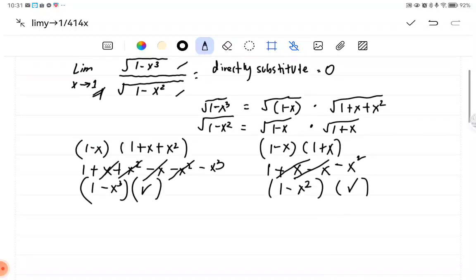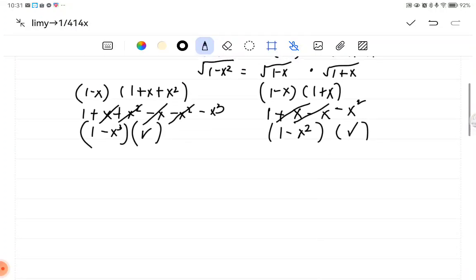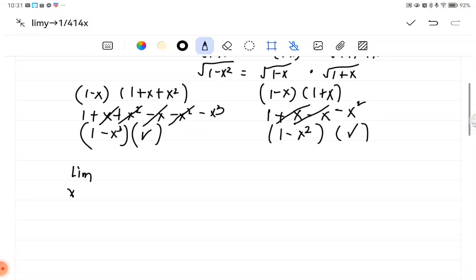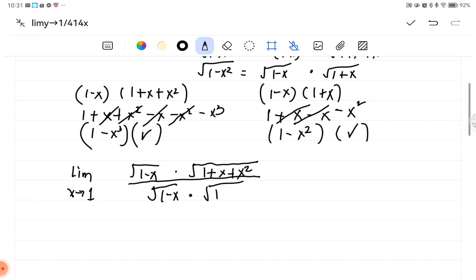Afterwards, upon checking, we will now solve. We have the limit as x approaches 1 of the square root of 1 minus x multiplied by the square root of 1 plus x plus x squared, all over the square root of 1 minus x multiplied by the square root of 1 plus x.